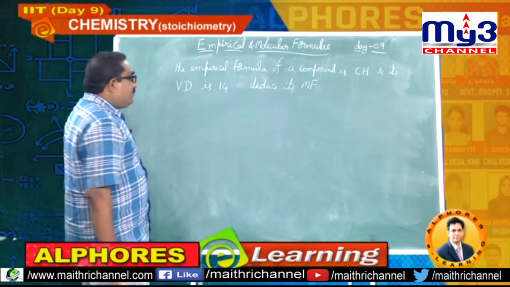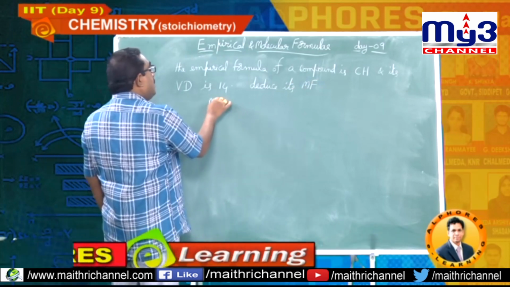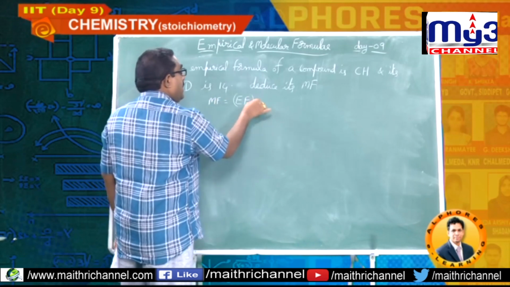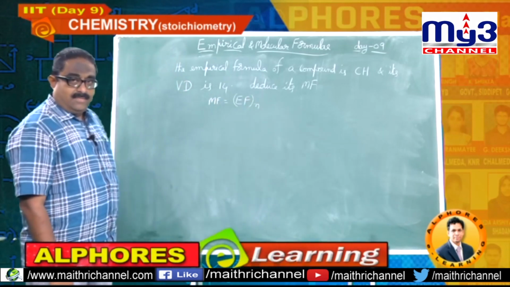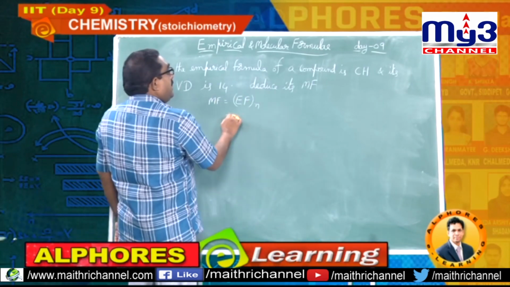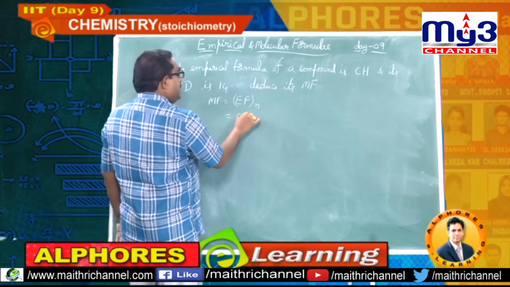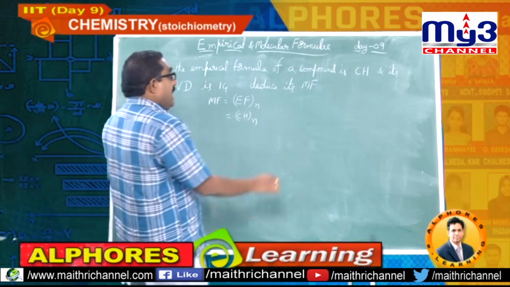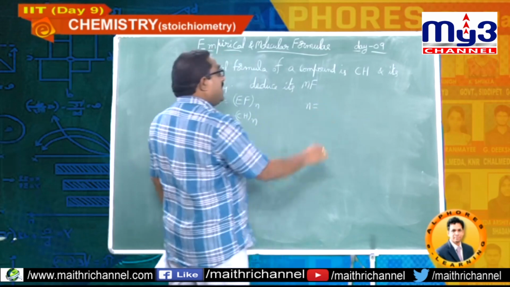We know molecular formula is equal to empirical formula taken n times. So empirical formula CH taken n times. First of all we should evaluate n. N means molar mass of the compound divided by empirical formula mass.